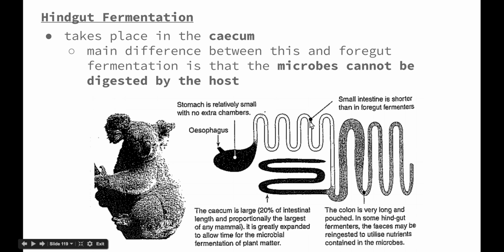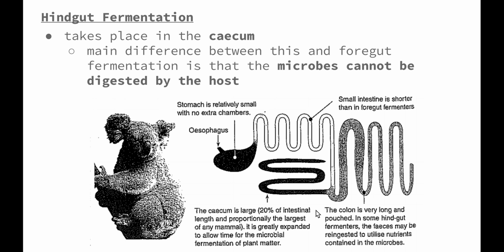It still has a fairly long small intestine, but it's nowhere near as long as the foregut fermenter, the kangaroo. Now the big difference we can see here occurs after the small intestine. We have this extremely long cecum, about 20% of the length of the intestines, and in hindgut fermenters, it's proportionally the largest of any mammal.